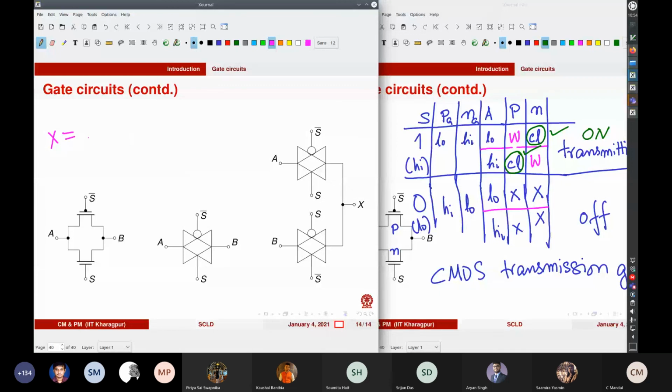It transmits A when S is high, so you can say X equals SA or S bar B. And this is also called a 2-to-1 multiplexer. That is the way a multiplexer works.